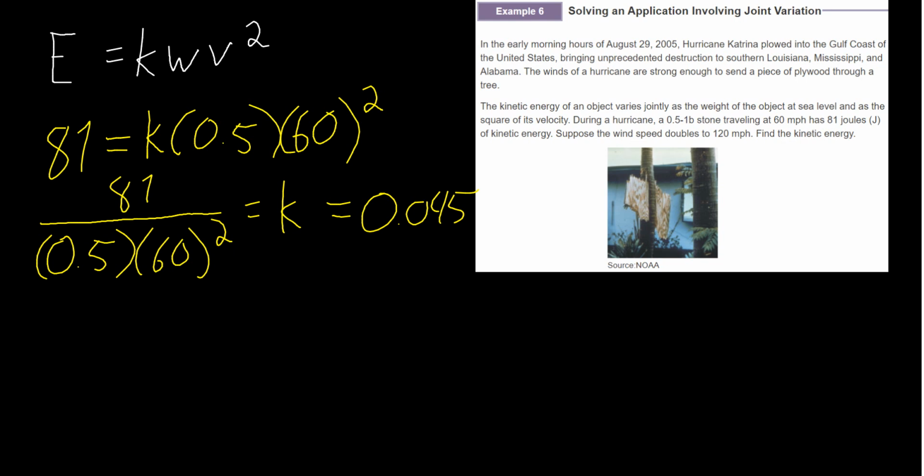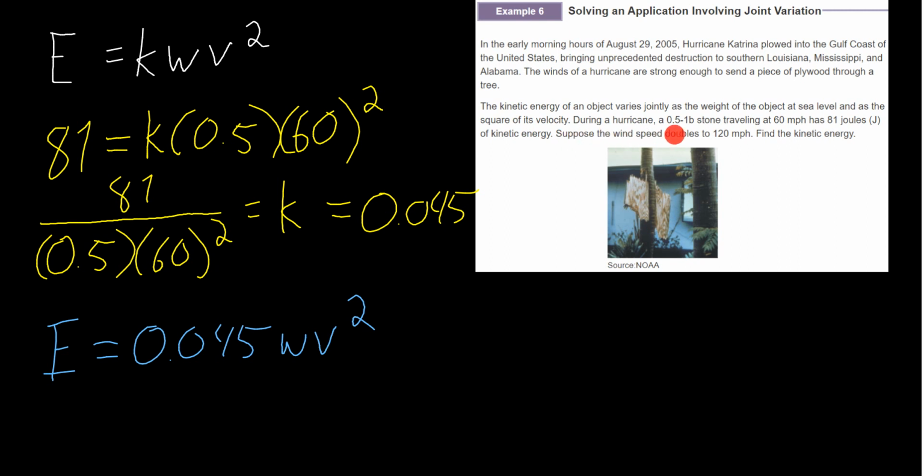Okay. Now my new equation is going to be my kinetic energy, which is equal to 0.045 times the weight times the velocity squared. Okay. So now that we figured out what k is, we can proceed with the rest of the problem.